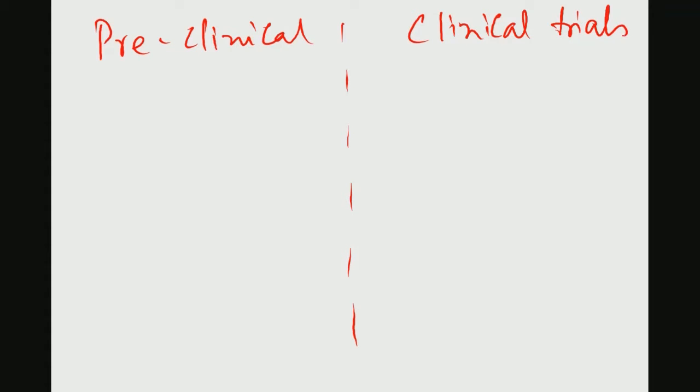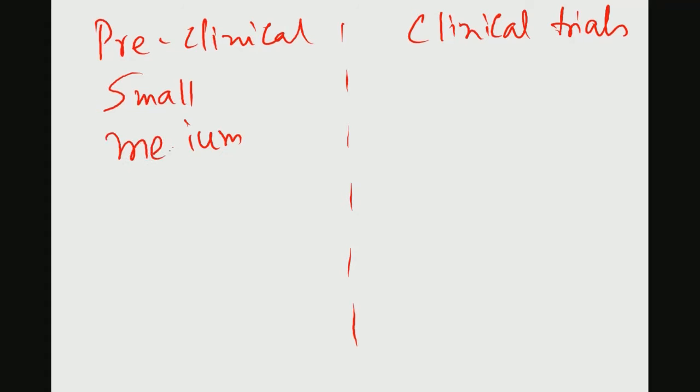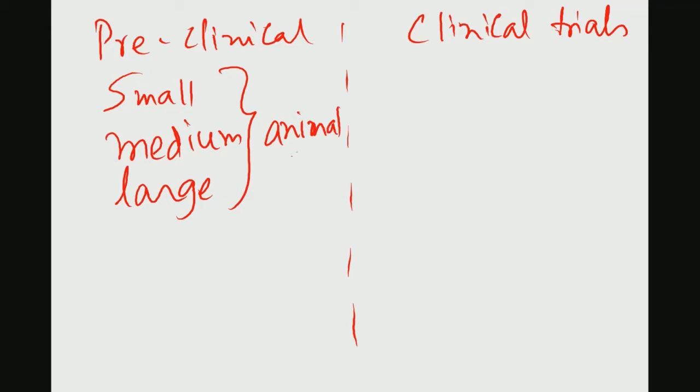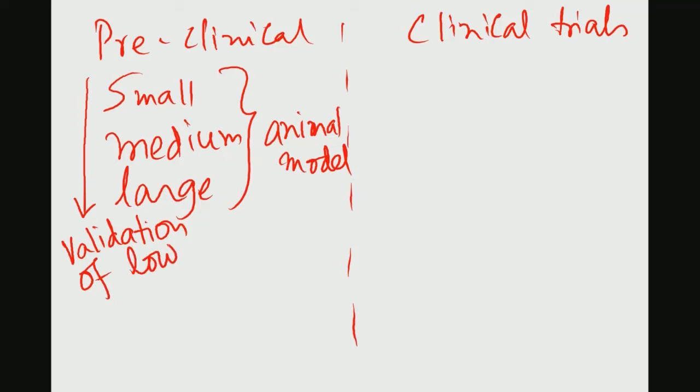In preclinical experiments, if you remember, I emphasized that you have to start with small, medium, and large animal models, and with these you are doing the validation of lower-level animal experiments.